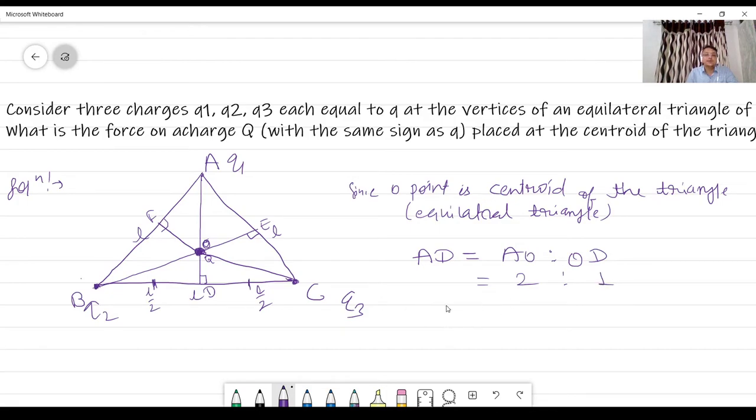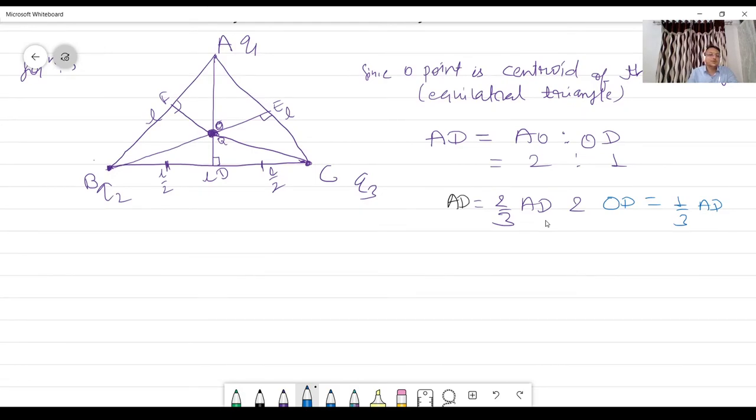So AO will be equal to 2/3 AD, and OD will be equal to 1/3 AD. So this is all about these cases.